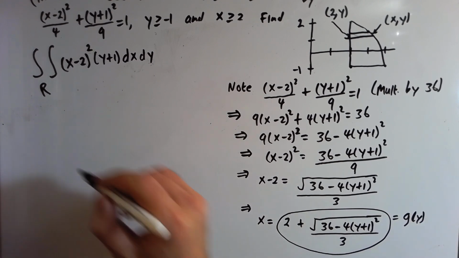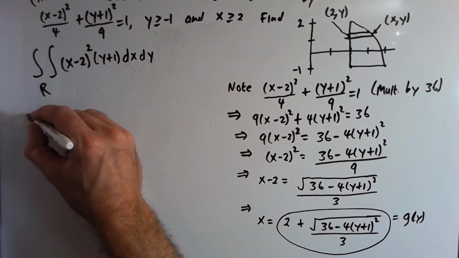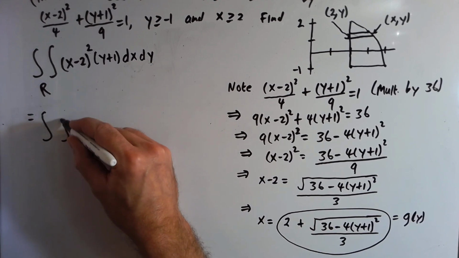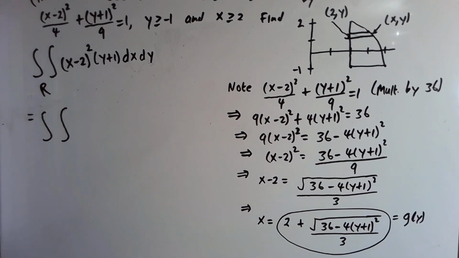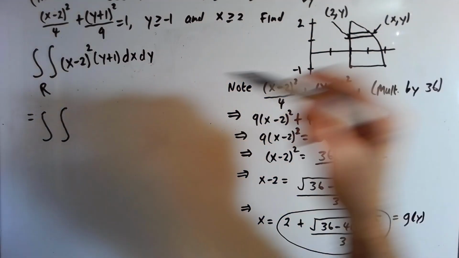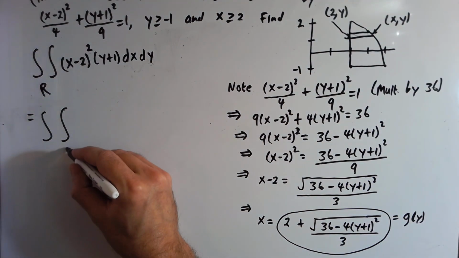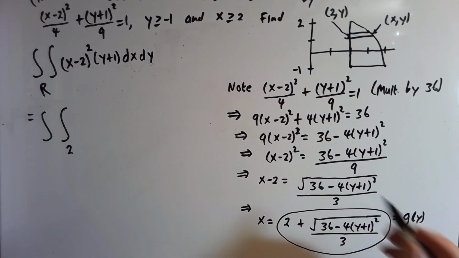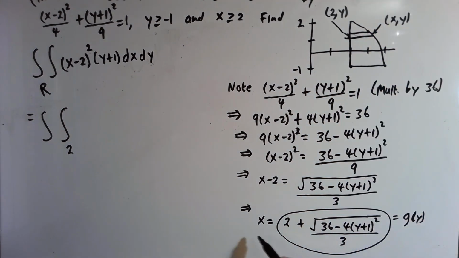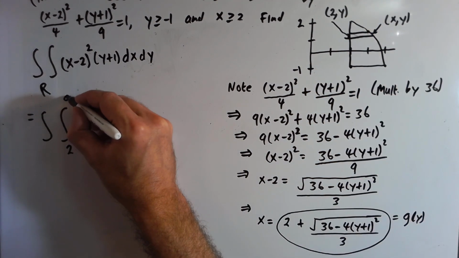Going back up to our integral, let's start filling in some stuff here. This strip goes from 2 on the x to g of y, because writing x as a function of y would be g of y.